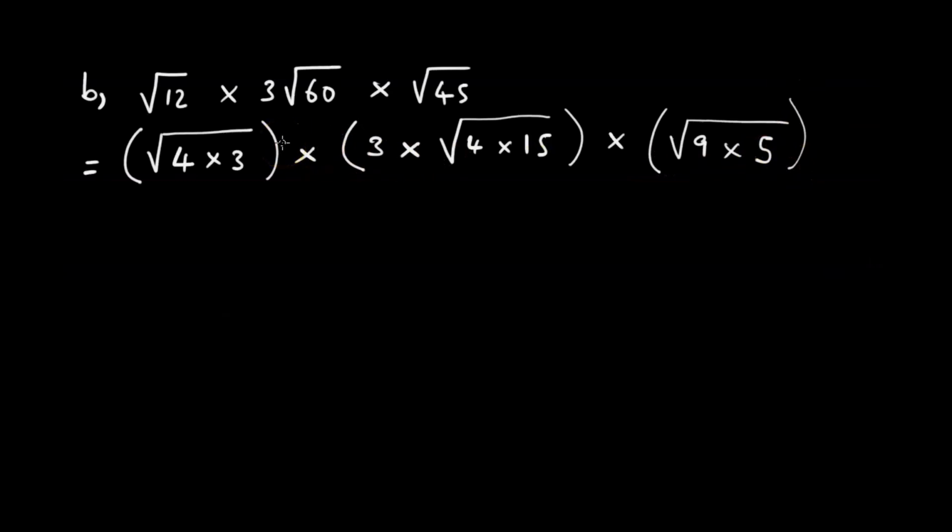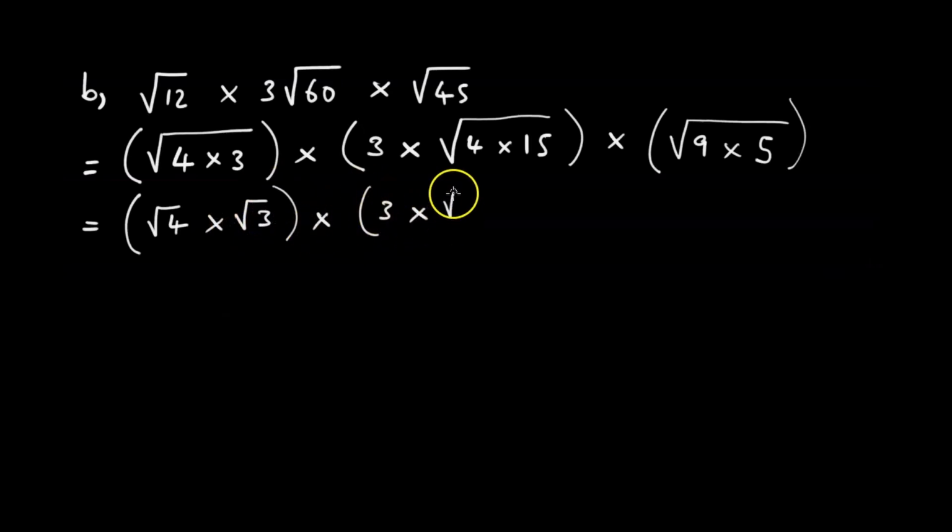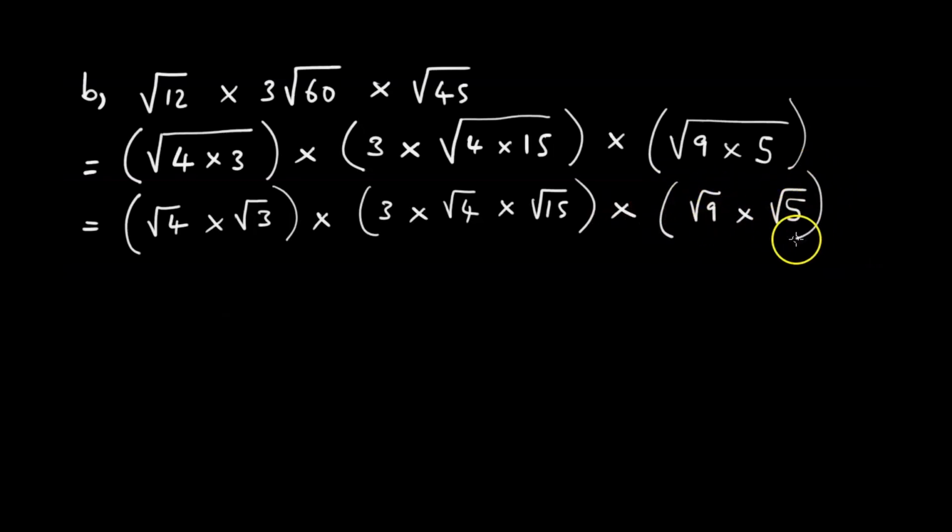So we have expressed everything in surd form. Let us write it down, and let me jump some steps. Let us follow step by step. The square root of 4 times the square root of 3, multiplying 3 times the square root of 4 times the square root of 15 times the square root of 9 times the square root of 5.